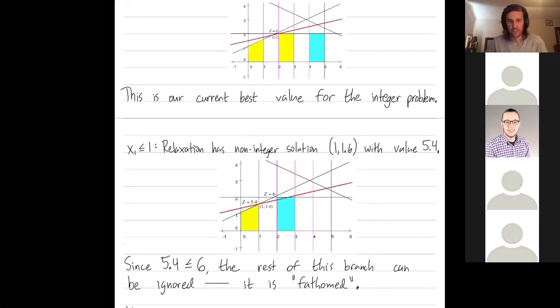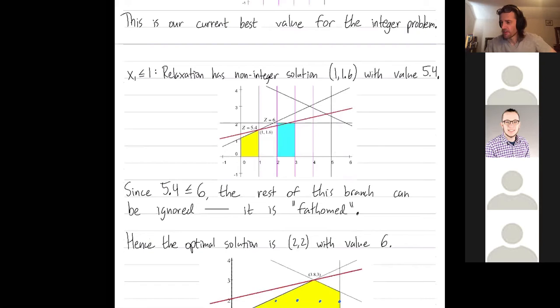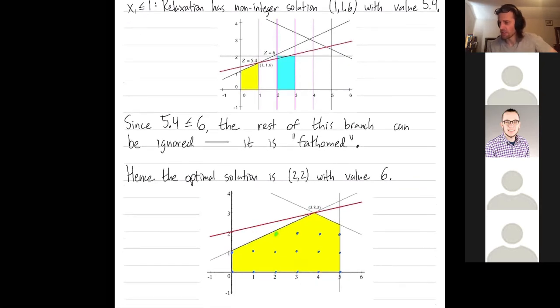Okay, great. So hence the optimal solution over the integers in this entire domain is (2, 2), and the value is 6. And this is a really nice method, right? Integer solutions often don't live on the boundary of these polytopes like typical solutions do, so it's hard to find integer solutions.